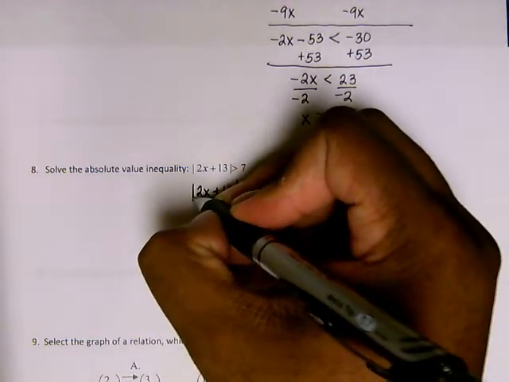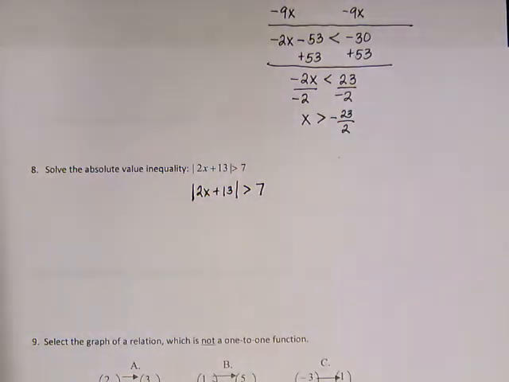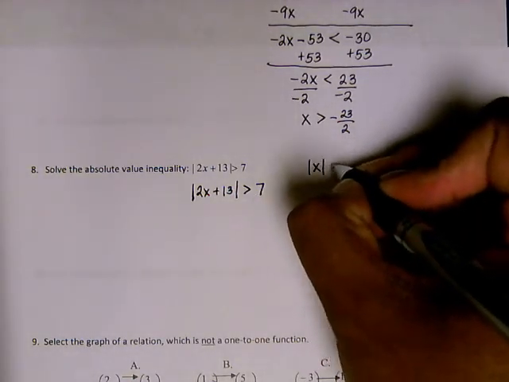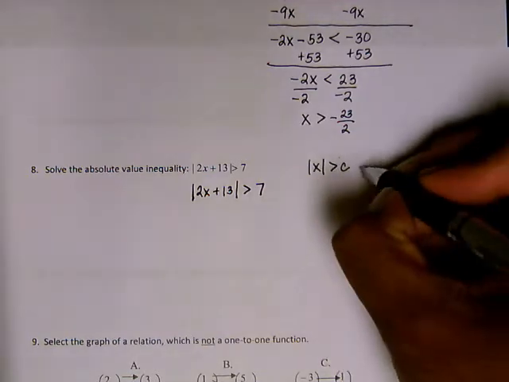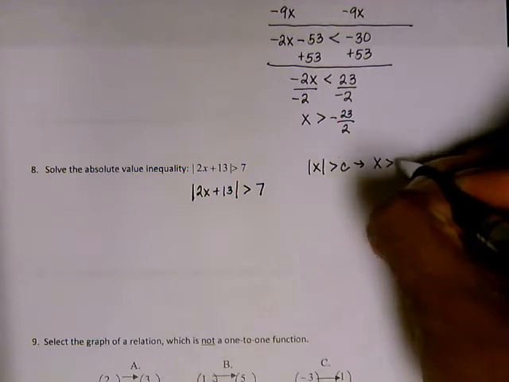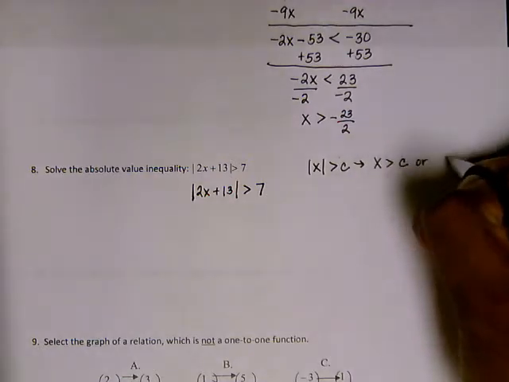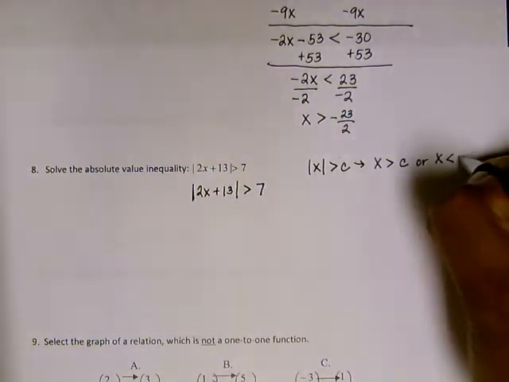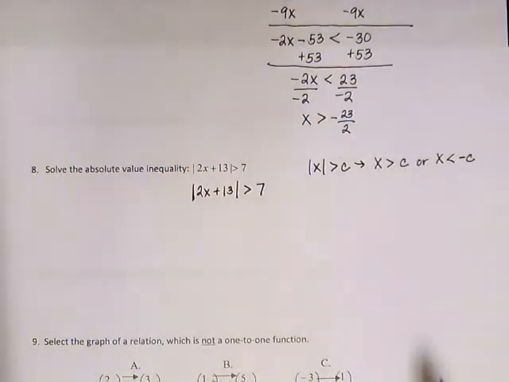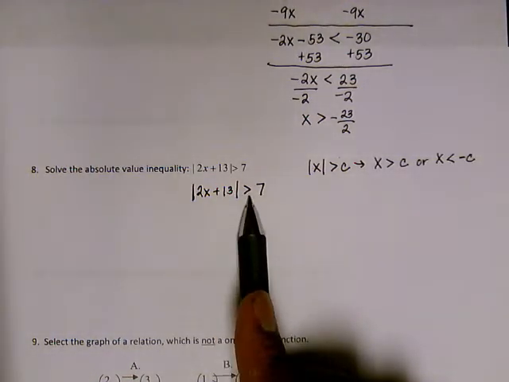In this case, I'm going to have to apply the rule that where you have the absolute value of x greater than some constant, you have to write this as two separate inequalities. x is greater than that constant itself, or x is less than the negative of that numerical constant. So that rule will be applied here, because I have the greater than symbol.